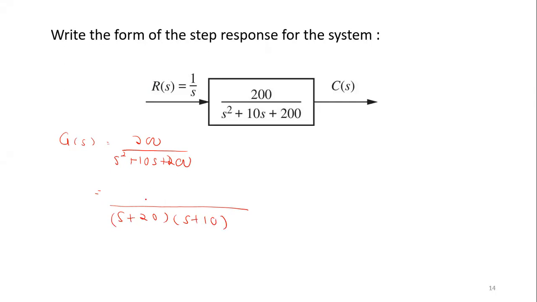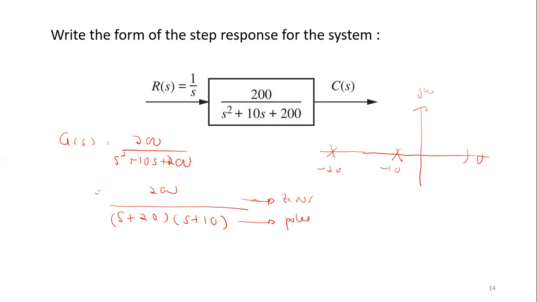Remember that the numerator here is the zeros and the denominator here is the poles. When you plug the poles in the S-plane, you're going to have two poles, minus 10 and minus 20.